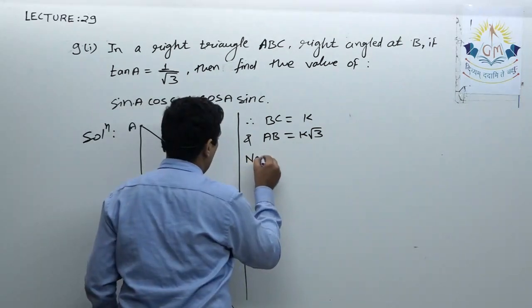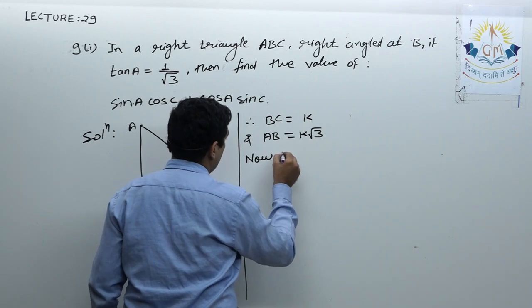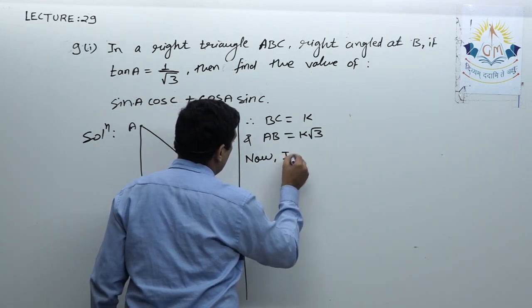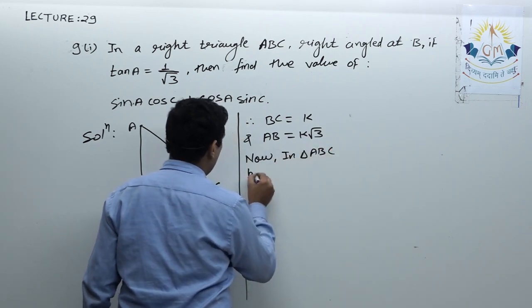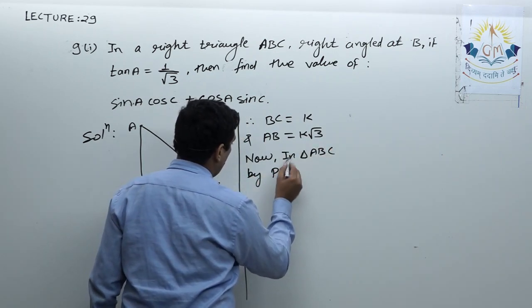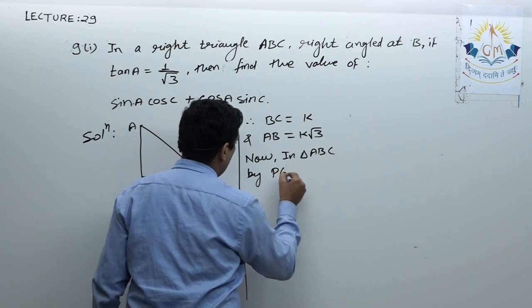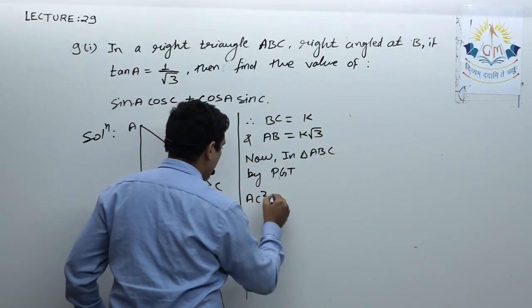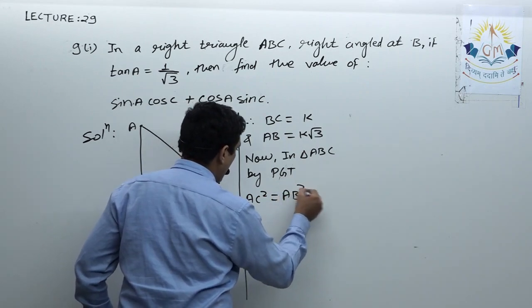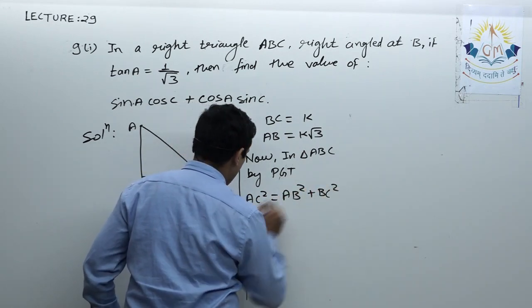Now in triangle ABC, by Pythagoras theorem I can write AC square is equal to AB square plus BC square.